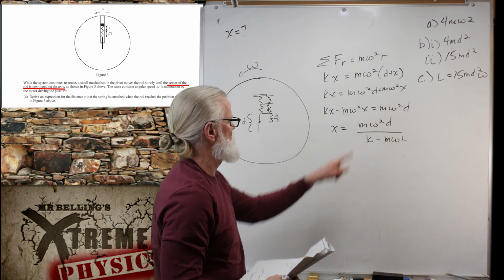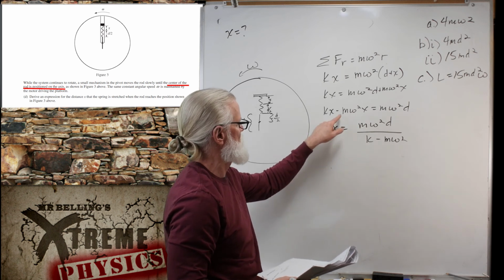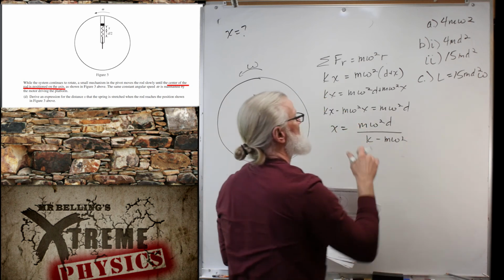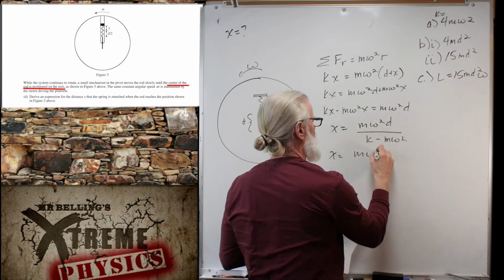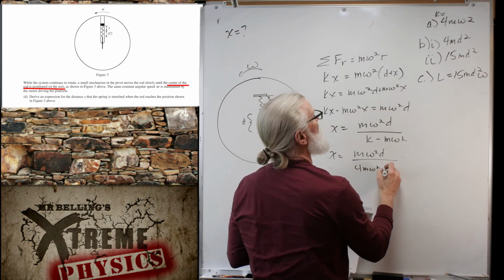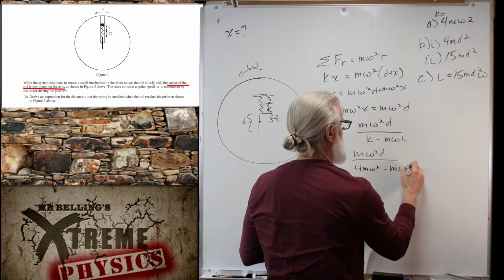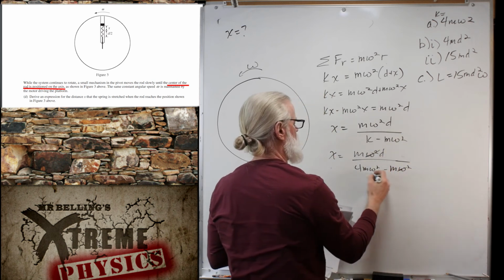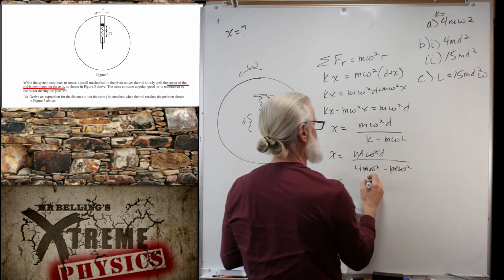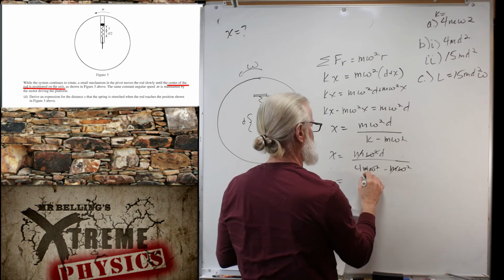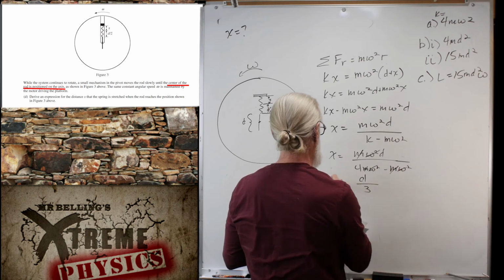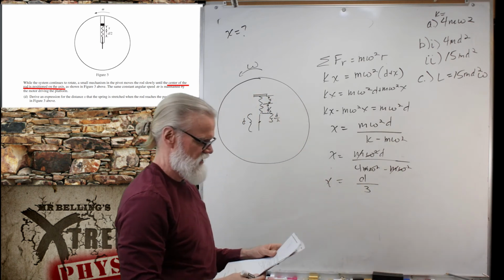Just factoring out the x. But k is 4m omega squared, so x equals m omega squared d divided by 4m omega squared minus m omega squared. Boom, boom, boom. Oh, it's so gratifying. d over 4 minus 1, d over 3. Is that right? x equals d over 3.